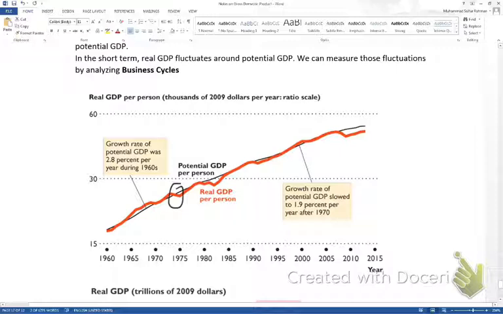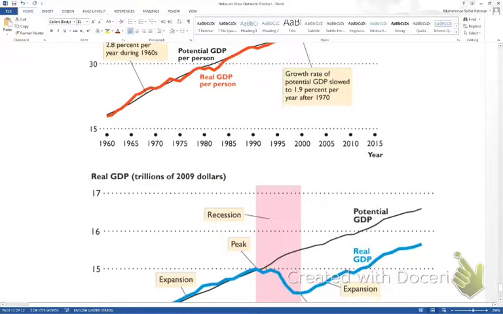But then there are unusual cases where the real GDP growth rate is above the potential GDP. This is an example where we can say that the economy is overutilizing its resources. That's very unusual and rare, but it happens sometimes.